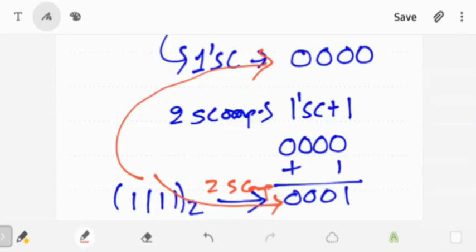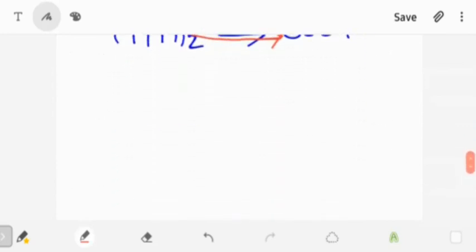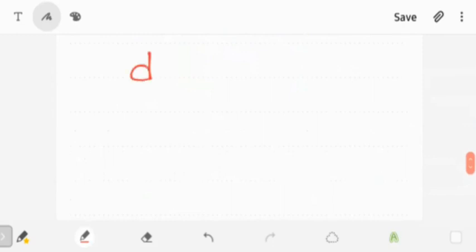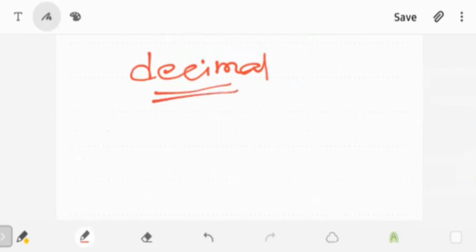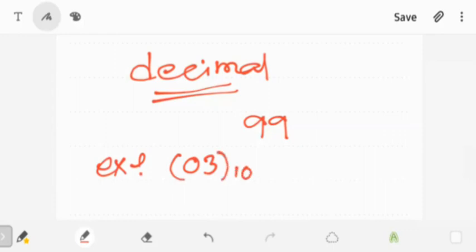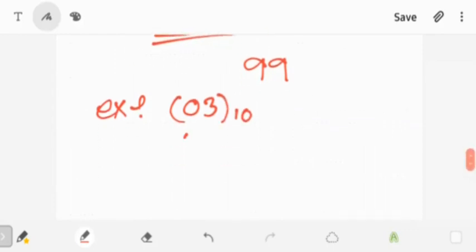It's an easy process. So let's take a decimal scenario. The 2-digit highest number in decimal, how much? 99, isn't it? So if I have a decimal value 3, and I would like to find the 9s complement of this, it means what?